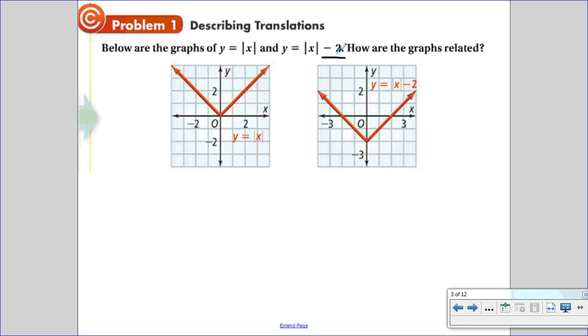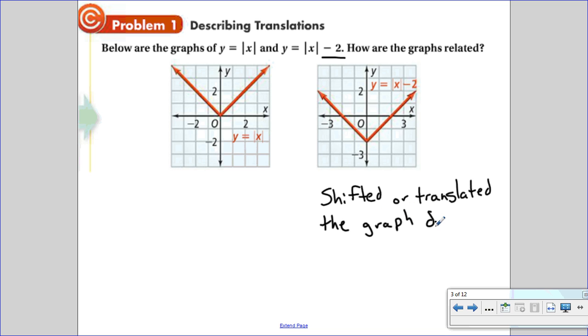And the answer is the minus 2 shifted, or you could say translated, the graph down 2.